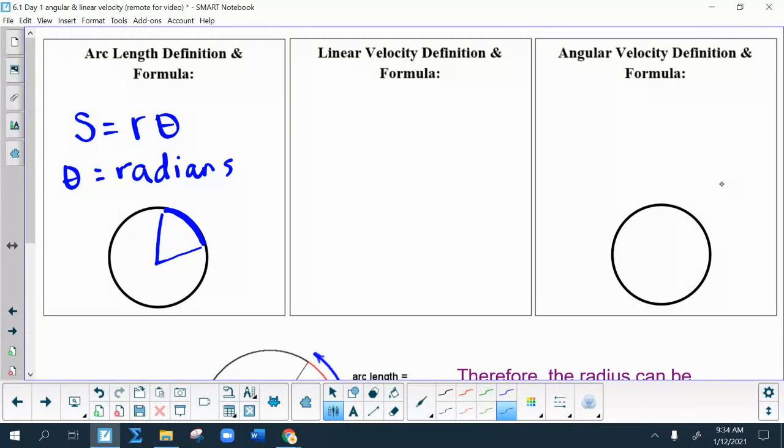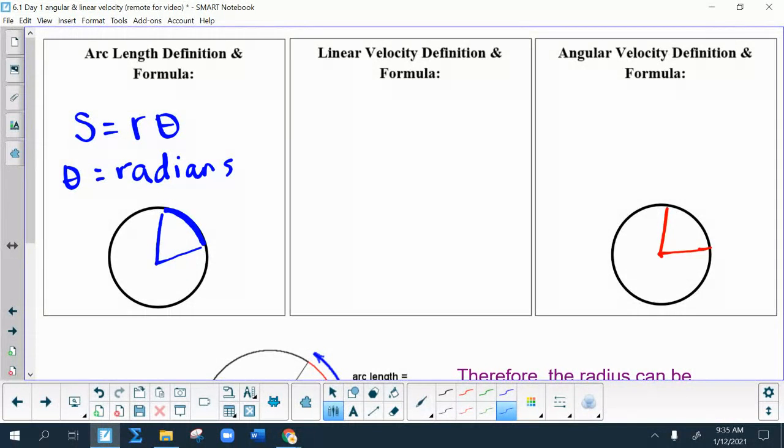So angular is the speed at which something circular is turning. Think of the wheels on your bike. We need pretty much the same information here.